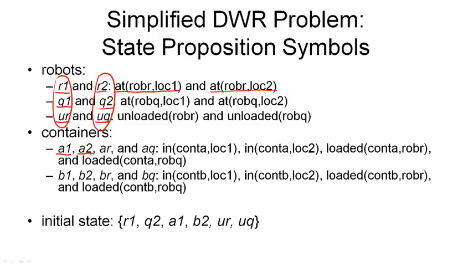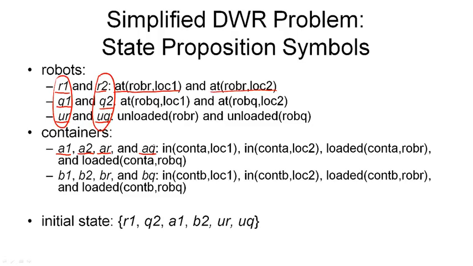Similarly, we have a symbol representing that container A is at location 2, in a pile at location 2. Or we have a symbol that says that container A is on robot R, or the final location for the container, it can be on robot Q. This is container A loaded onto the robot Q.